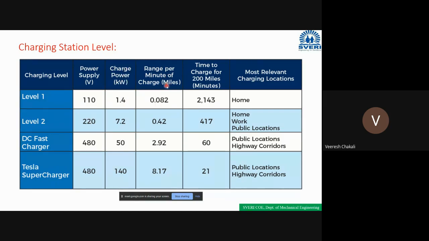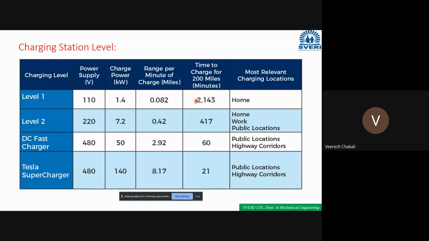Range per minute of charge means, if you charge for 1 minute using a level 1 charger, we can travel 0.082 miles, which is approximately 1 kilometer.